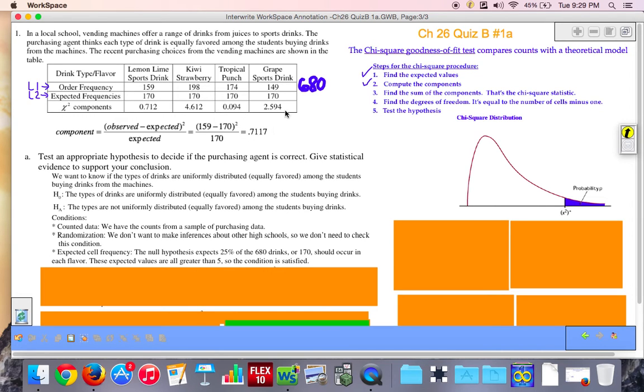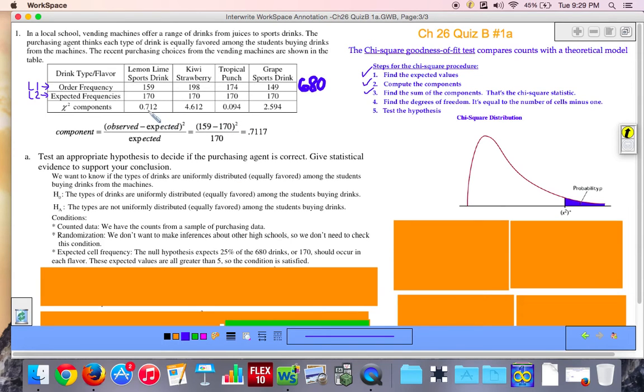Okay, so now we're over here again. Find the sum of those components. That's the chi-square statistic. You see the chi-square statistic formula right here is on your AP Stats formula sheet, so you know it's an important one. The chi-square statistic is the sum of the individual components.